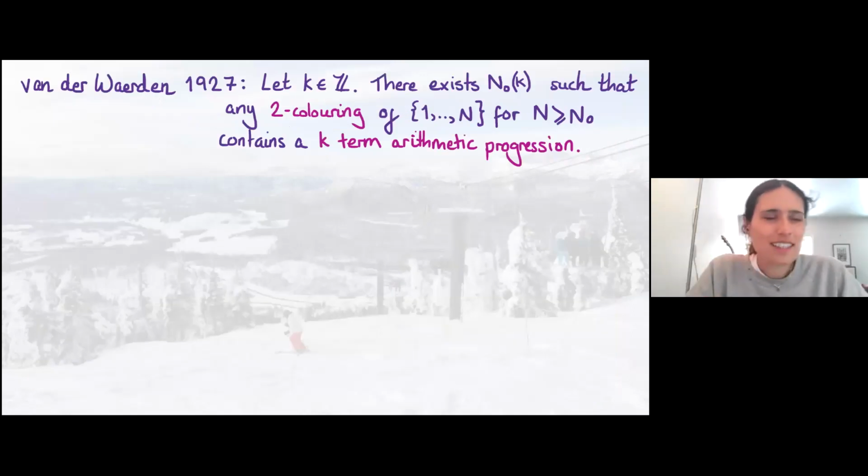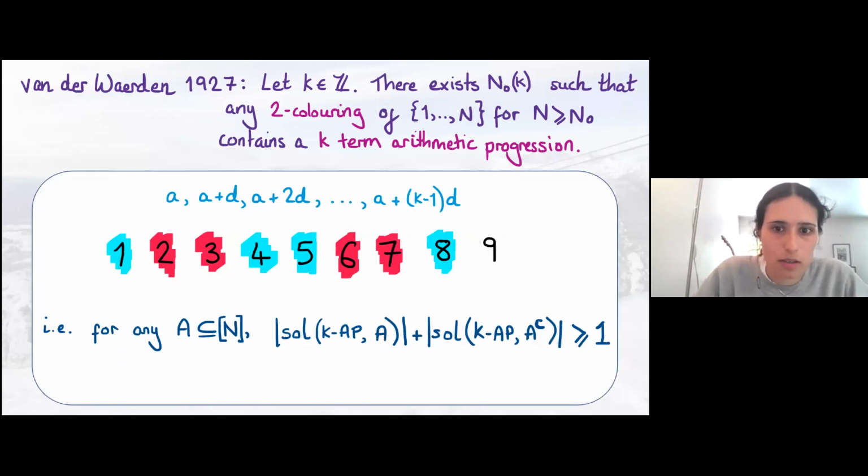So these problems have been thought about very classically. For example, I'm sure you've heard of van der Waerden's theorem, which says that if you take n big enough and you color the integers 1 up to n in 2 colors, then you're always going to get a k-term arithmetic progression. What is a k-term arithmetic progression?